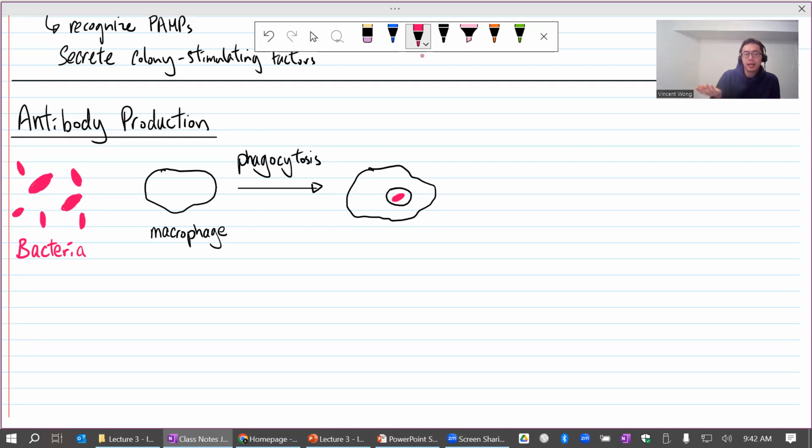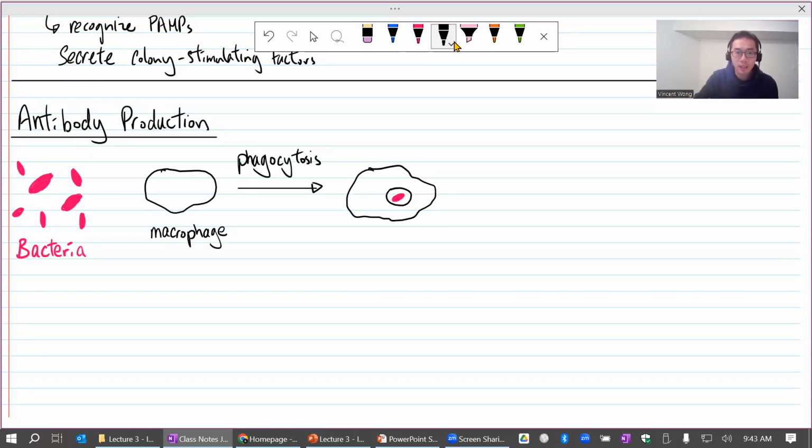Let's just say this was not something particularly vicious, and the macrophage will be able to clear it up, and then that would be the end of the story. You're not gonna have to make the antibodies and whatnot. However, if the innate immunity is not going to be able to get rid of this bacteria, like the fever is not doing anything, the inflammation is not enough, the complement is not enough, then we have to trigger the adaptive immunity, right?